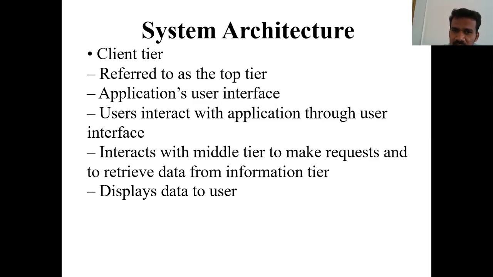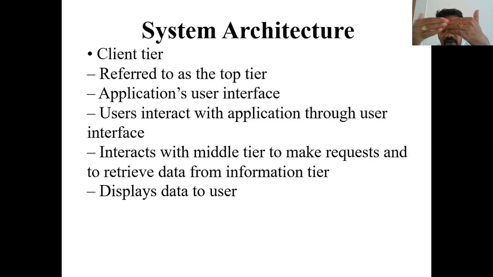The user interacts with an application through the user interface, which interacts with the middle layer to make a request and retrieve the data from the information tier and display it. This is basically the client part.